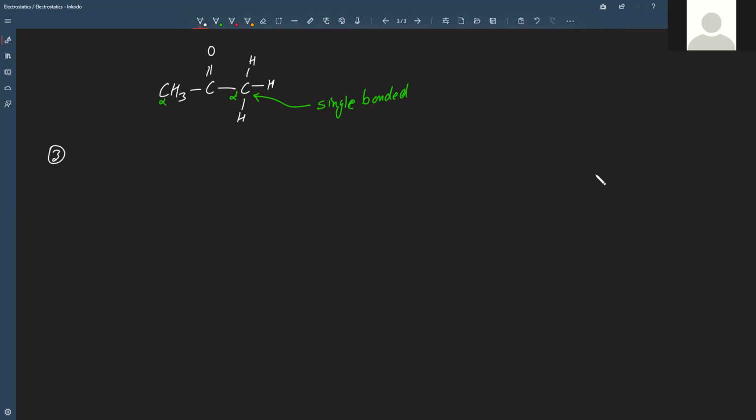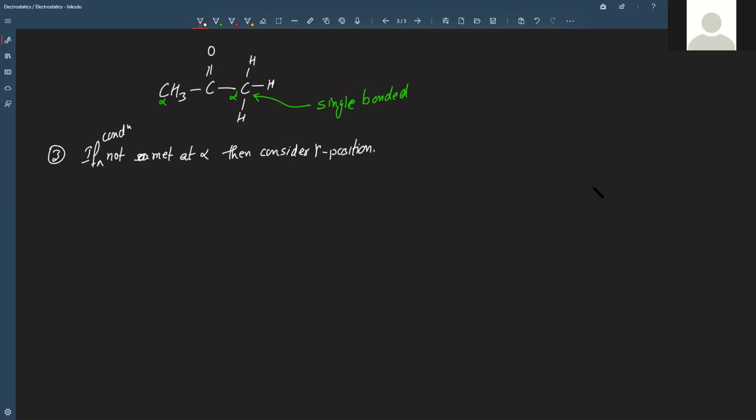If the conditions which we have seen above are not satisfied or not met at alpha, then consider the gamma position, and that means we have to apply the same rules at gamma. So it is alternate positions. Alpha is left, leave beta as well, go to gamma. So let us see an example to understand this.